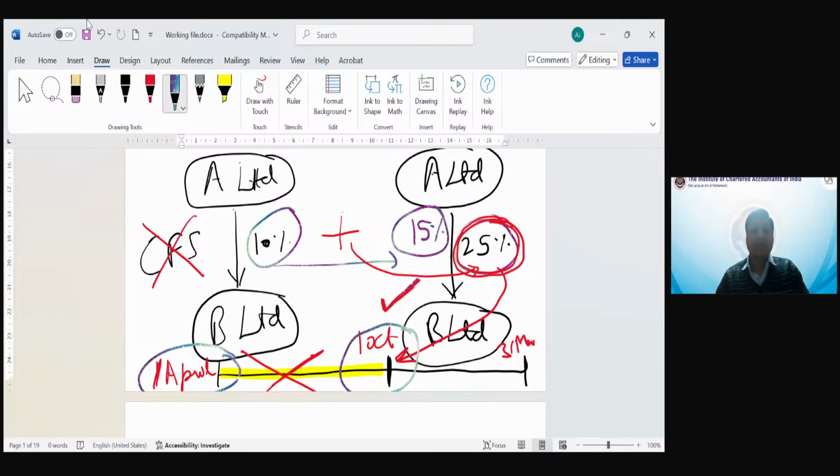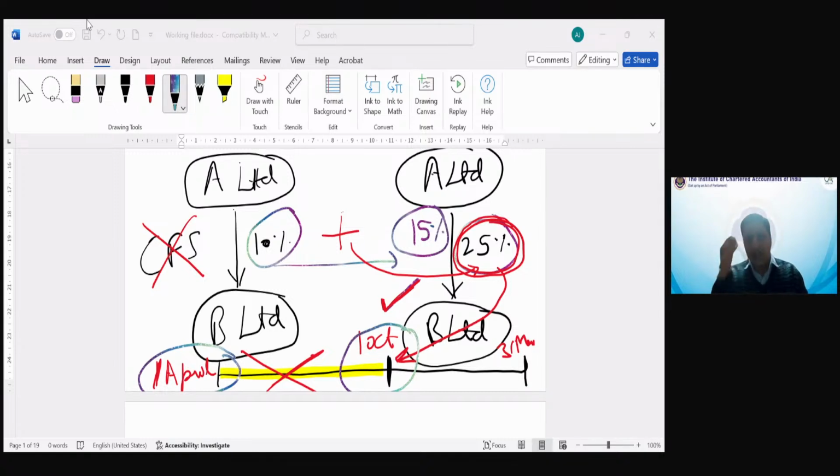Understood? Everyone clear? Why is this approach required to be considered? I'm hoping that with this you would have got some more clarity as to why this approach is required.